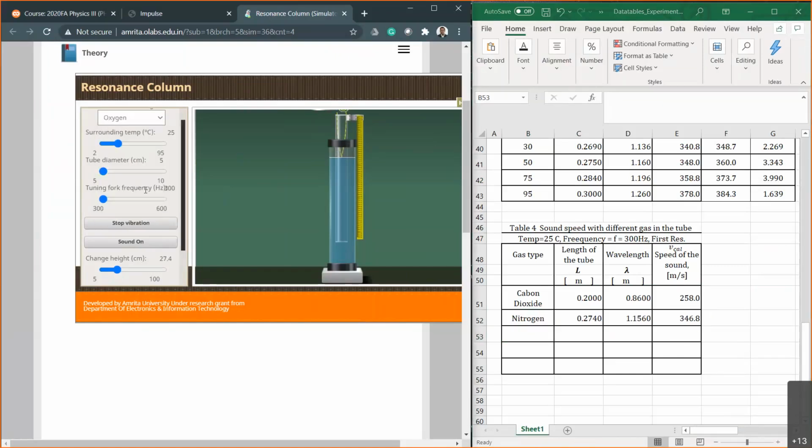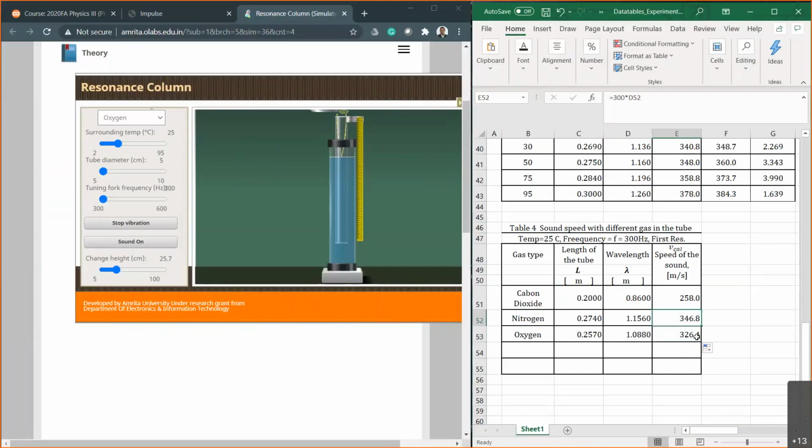We can do oxygen, sound on. 25.7. Oxygen, 0.257. And then these two you can just click and drag the right-hand side, very bottom. There's a green dot if you click on any cell.